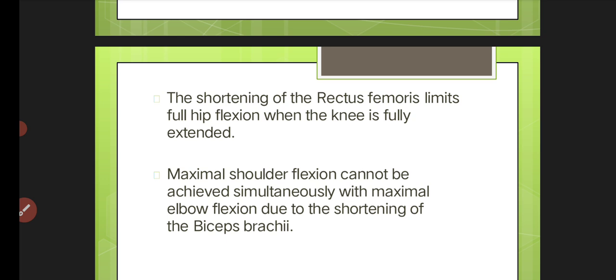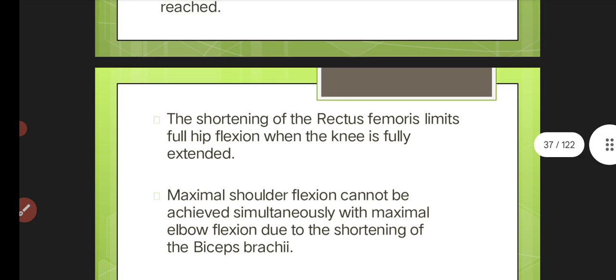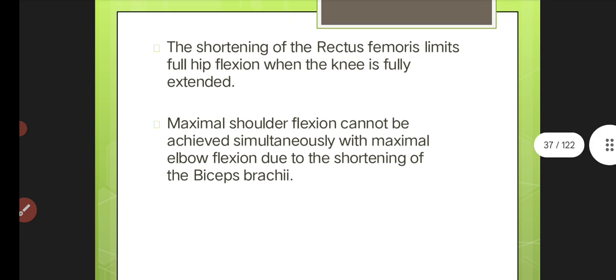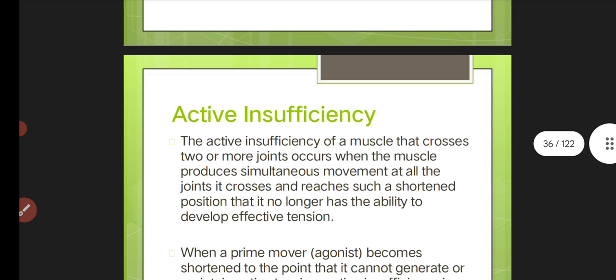When your elbow is extended, your maximum range of motion of the shoulder joint is 0 to 180 degrees. But when your elbow is flexed and you try to do shoulder flexion, the range of motion diminishes to 160 degrees. So this is active insufficiency.